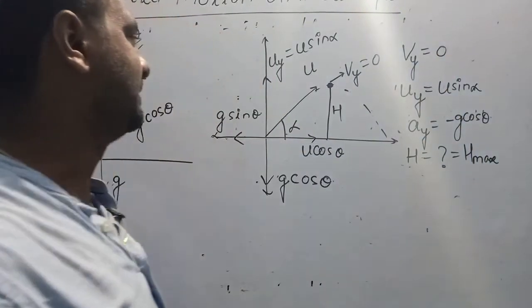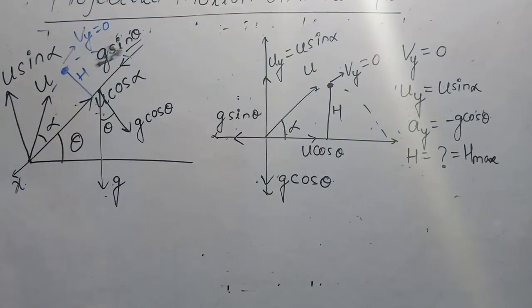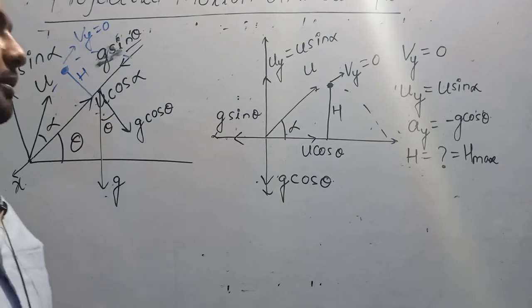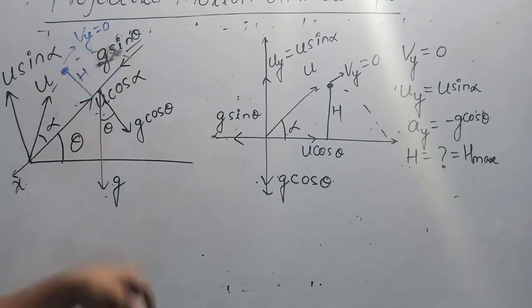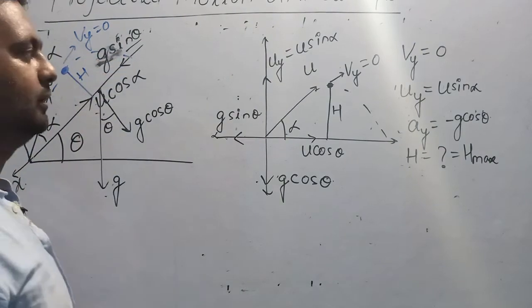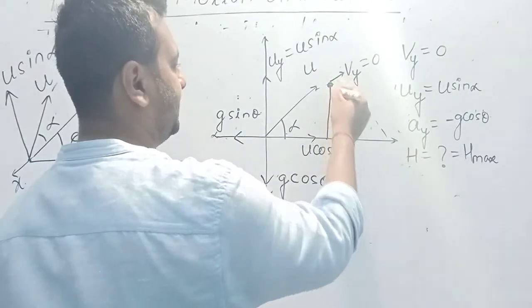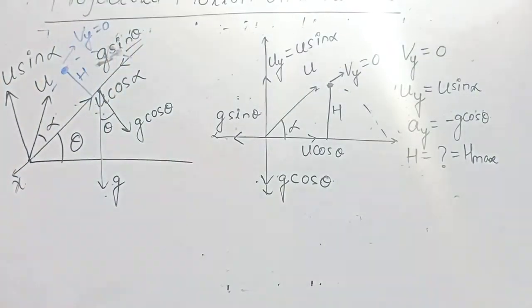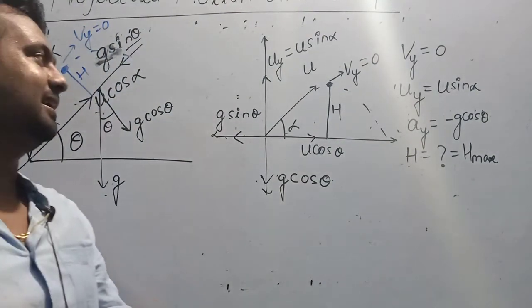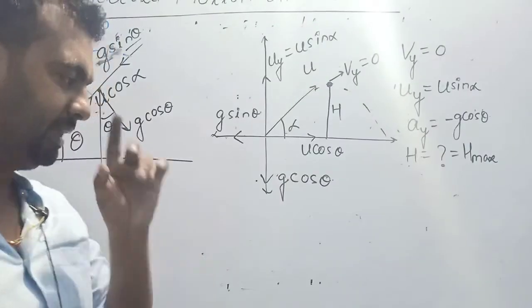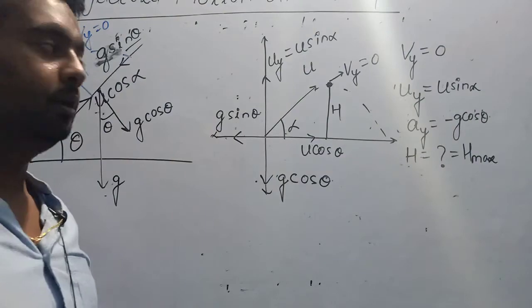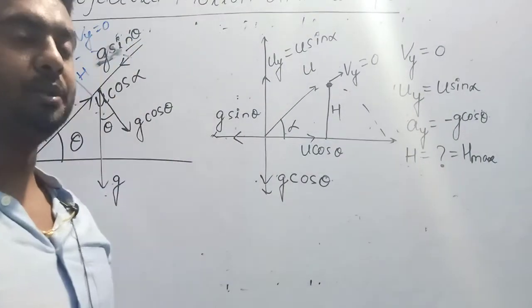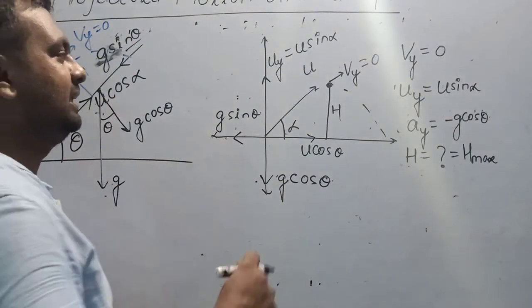Why have I written this? Since this is an example of motion in 2 dimensions and the object is having a constant acceleration, that is acceleration due to gravity, for calculating any physical quantity we need to apply the equations of motion for calculating h.